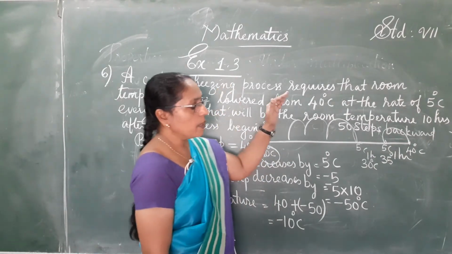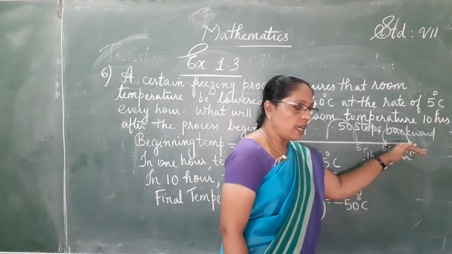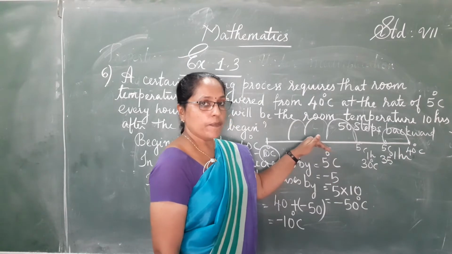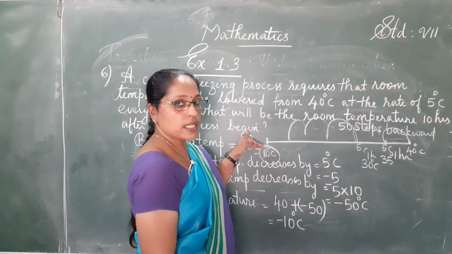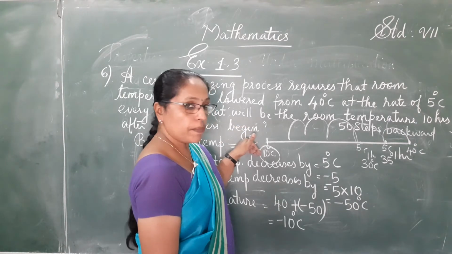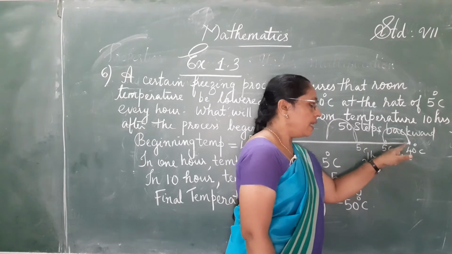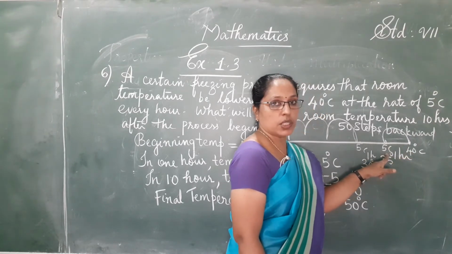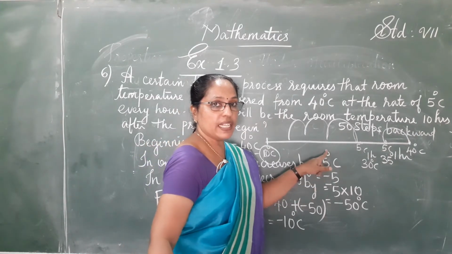Okay. So in the cooling process, first the temperature was 40 degrees Celsius. It has to be decreased, and after 10 hours, what will be the new, final temperature? How is the decrease happening? In every 1 hour, 5 degrees Celsius. It's decreasing, that's why it's negative 5 degrees Celsius.